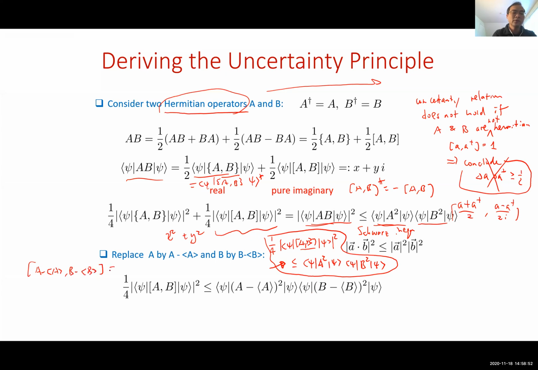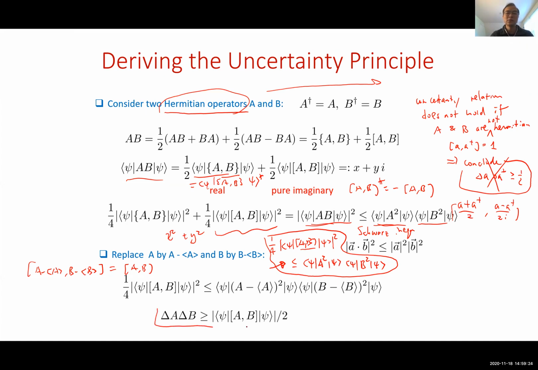The commutator of that is still that of A and B, because the constants always commute. Therefore I get this. By definition, my right-hand side is delta A squared times delta B squared. So I just swap the left to the right and flip the inequality. Okay, so that's the derivation of the uncertainty principle.